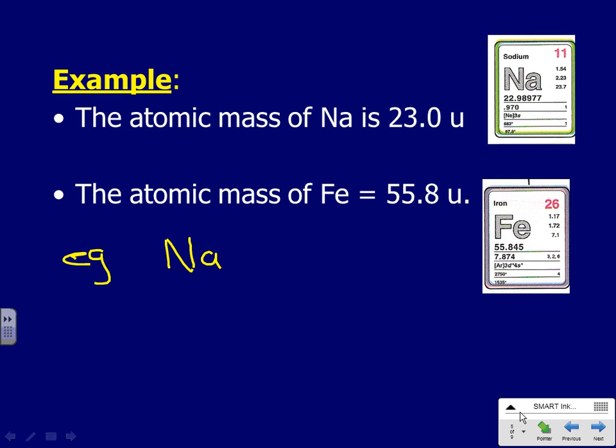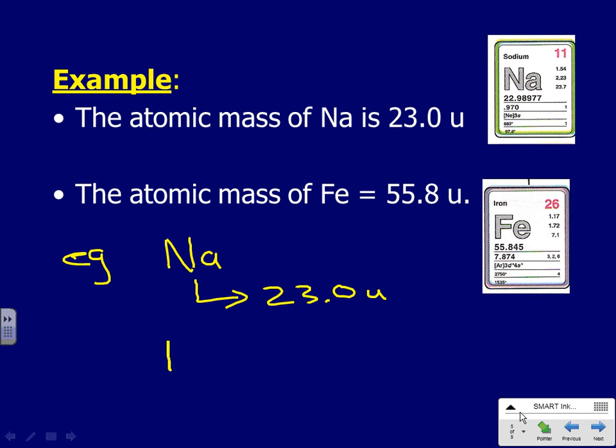And it comes from when you start dealing with compounds. I like to put an arrow underneath the element like this. I then go to my periodic table. I notice that it's 22.98. I look at the second decimal, and I round it up. 23.0 u.